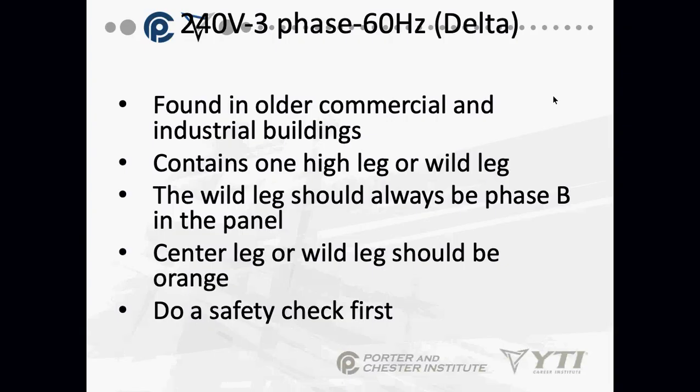Don't be an engineer. Okay, 240 volt three-phase delta winding. There's plenty of these still out there, unfortunately. They're found in older commercial buildings and older industrial buildings. It contains what we call one high leg or a wild leg. The wild leg is always connected to what we consider phase B in the panel.